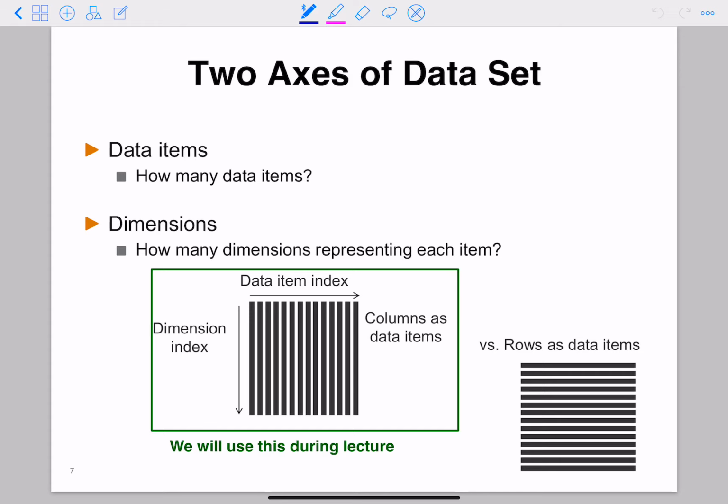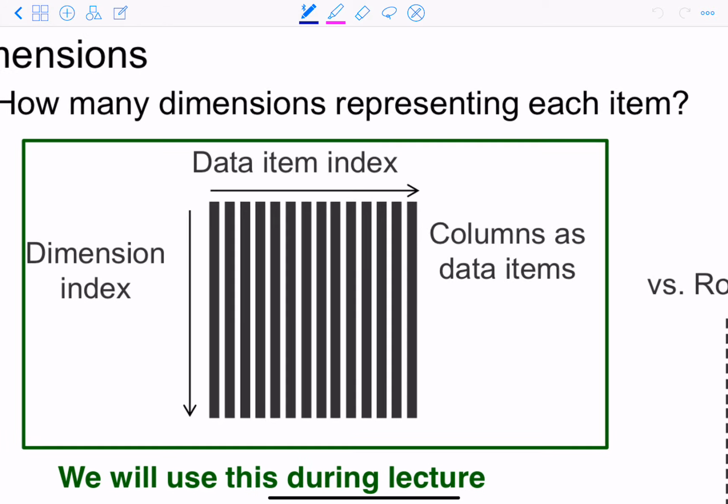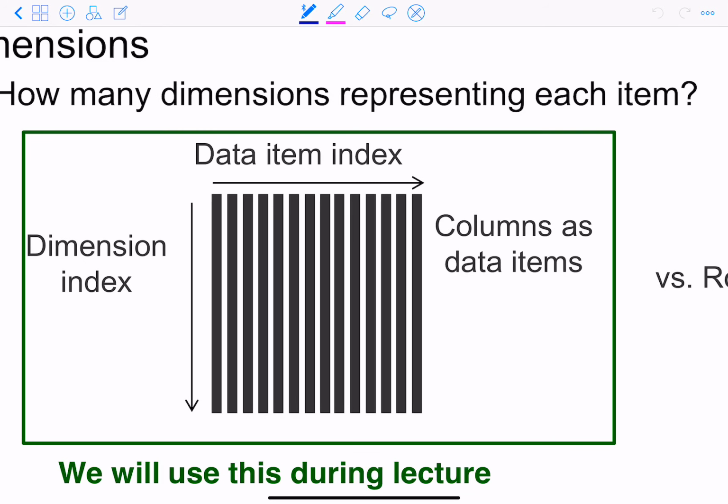In the case of dimension reduction, let's use this kind of notation where our data matrix has the rows as dimensions and the columns as our data items.